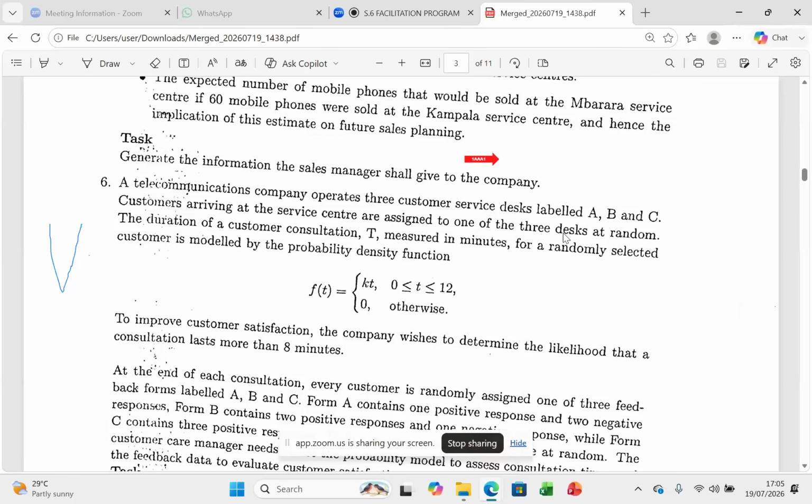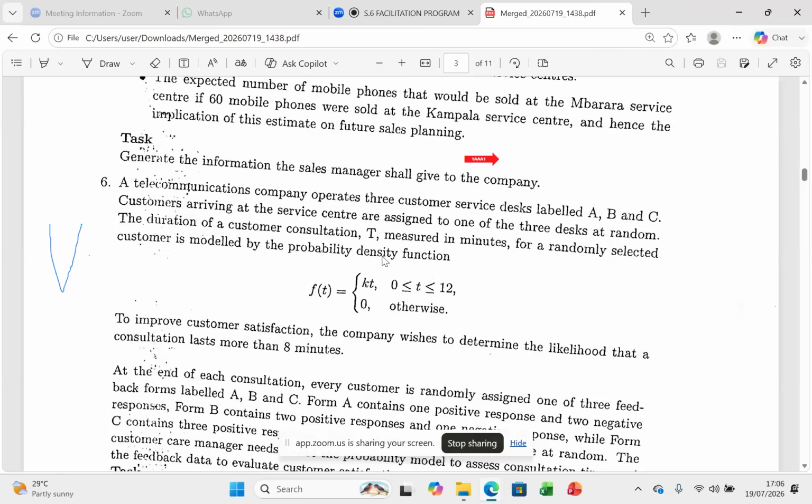Then they said the duration of a customer consultation T, measured in minutes, for a randomly selected customer is modeled by the probability density function as shown above.